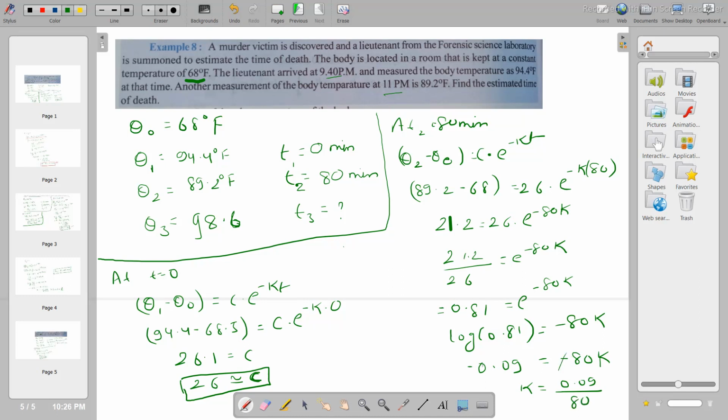This minus and this minus will cancel. So we get the value of k as, let us keep it as 0.09 by 80.